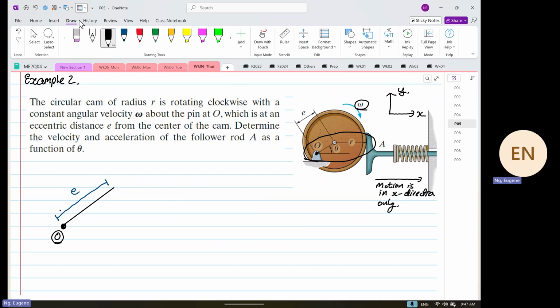And then furthermore, we are also given that we have a distance from here to here. This distance is R. And we know that this angle is equal to theta. And we are provided the information that this thing is coming down in omega.